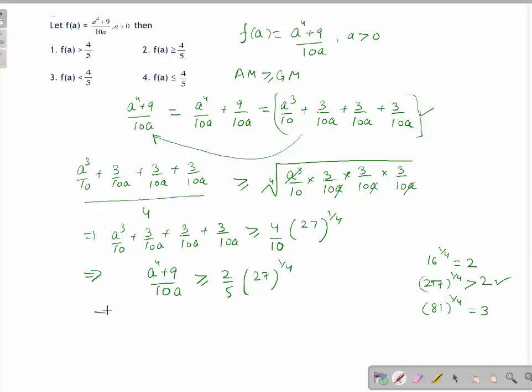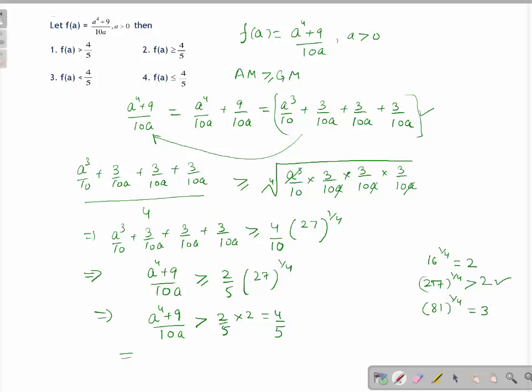So I can write this expression a raised to power 4 plus 9 divided by 10a greater than 2 by 5 into 2, which is equal to 4 by 5. I have left the equality sign here because 27 raised to power 1 by 4 is greater than 2.